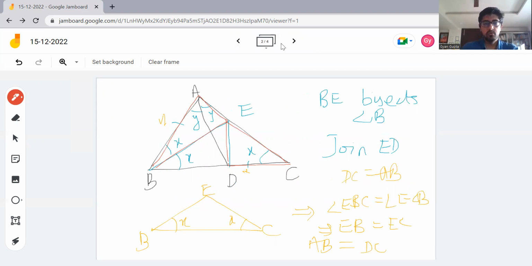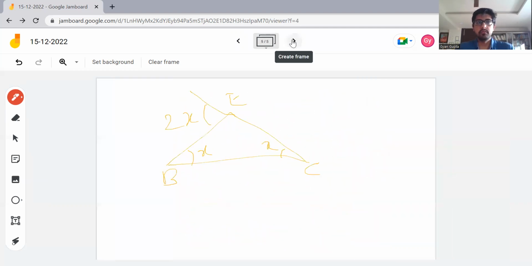So what I'm going to do is just replicate this figure on the next page here. So we have the exterior angle here equal to the sum of these interior angles. With me so far?